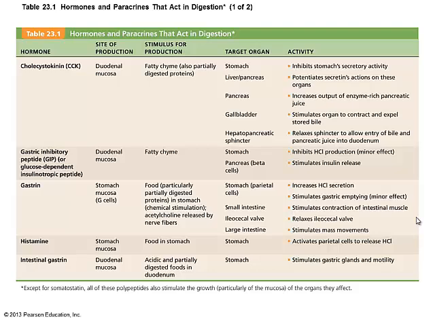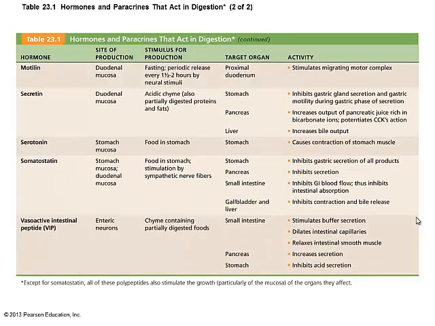Those are the enteric neurons. They are going to signal the small intestine, pancreas, and stomach, so they directly communicate with those particular organs. And again, they stimulate, you can see the list here, buffer secretion, and cause dilation of the intestinal capillaries and so forth. So that's an important table.